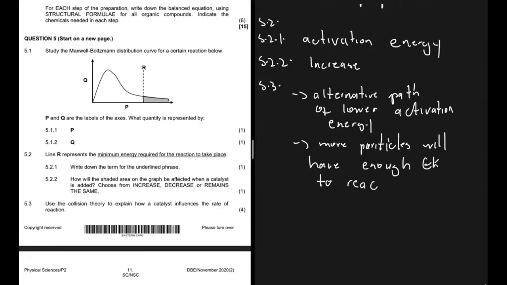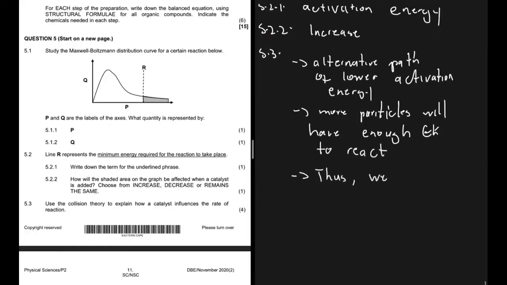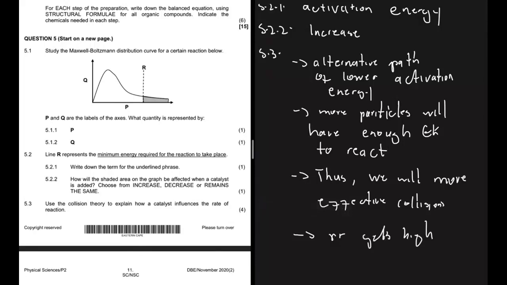Yeah, to react. And as a consequence, we will have more effective collisions. And then, yeah, the reaction rate gets high, right? And then you have your 4 marks.